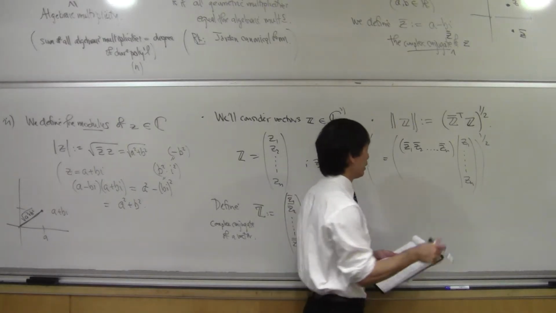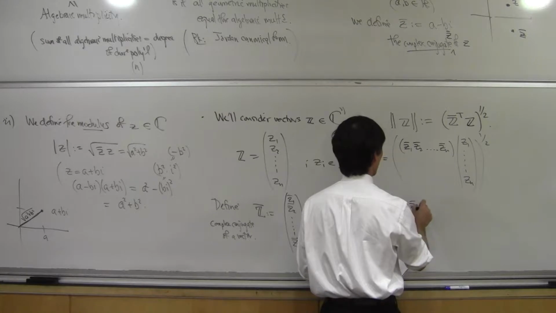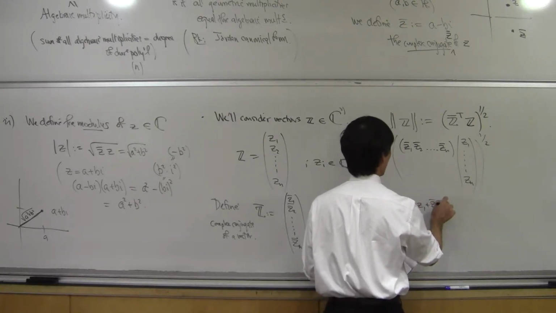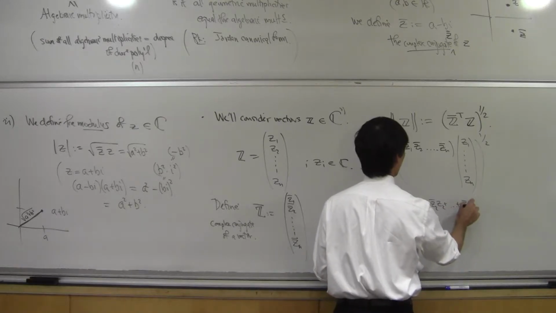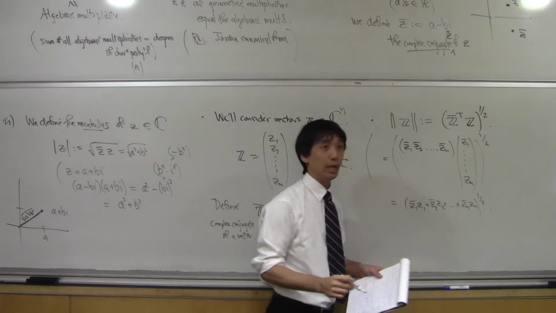And so that's going to be z1 bar z1 plus z2 bar z2 plus ... plus zn bar zn, everything to the 1/2.